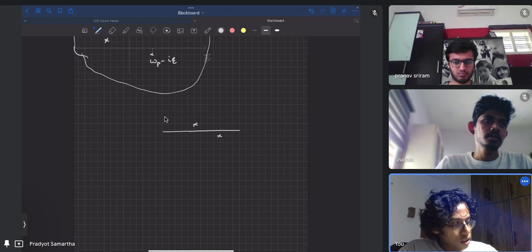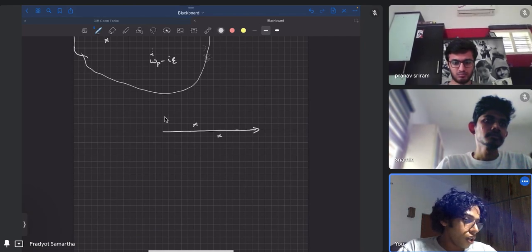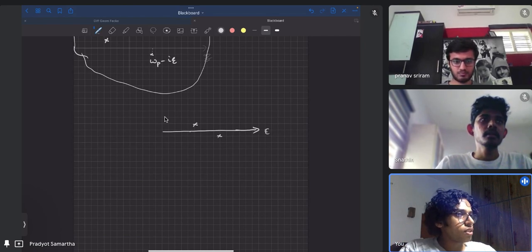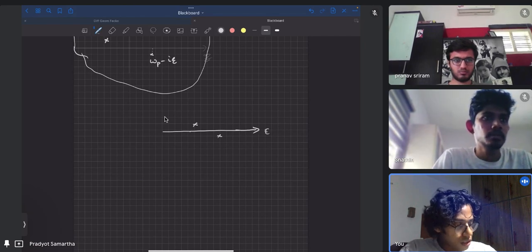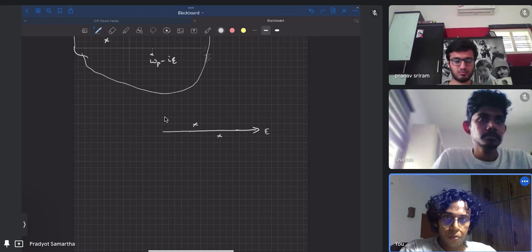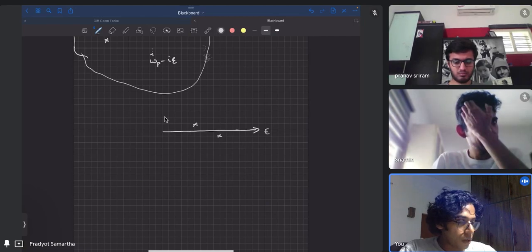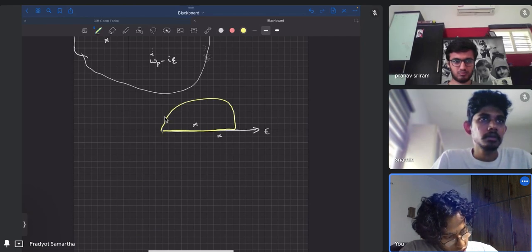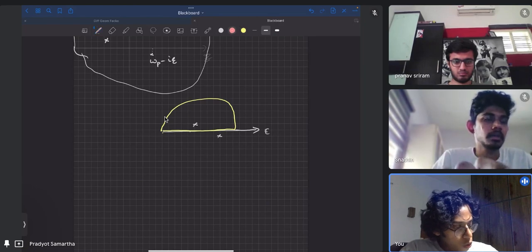You can take this to be your real energy, a particle moving with a positive energy, and then you can either integrate over the upper half plane, or you can integrate over the lower half plane.